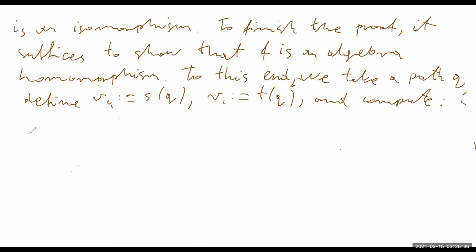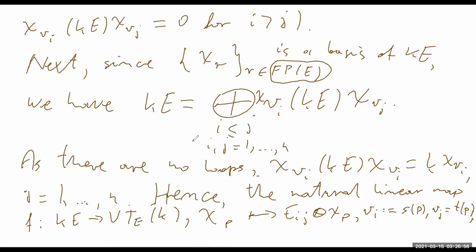Of course, it suffices if I do it on the basis elements, all right? So I take a path P and I take a path Q, and I compute f of chi P chi Q. But of course, for starters, I know that this is the Kronecker delta jk. Remember that we already have notation for P. We know that Vi is the beginning of P and Vj is the end of P. So if these two paths are to match in order to create the path PQ, then I must have that Vj is equal to Vk.